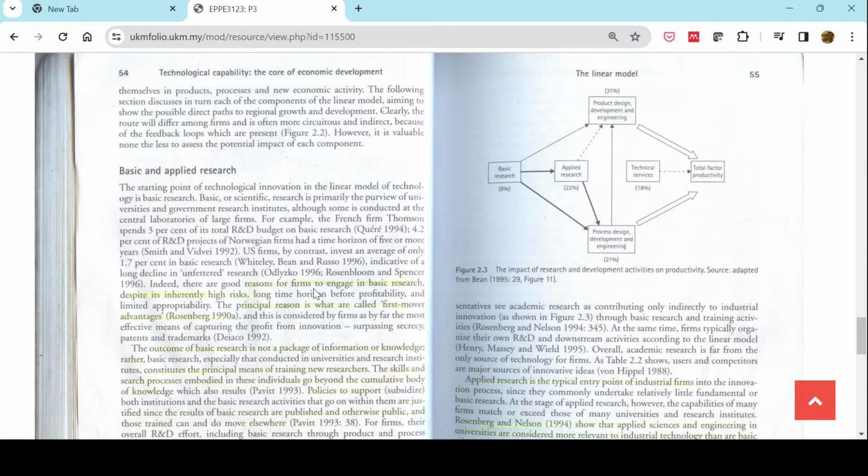However, there are good reasons for firms to engage in basic research, mainly because there is a first mover advantage. I shouldn't say only because, mainly because of, there could be other reasons, mainly because of the first mover advantage.